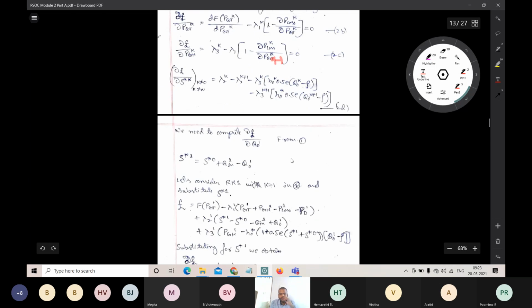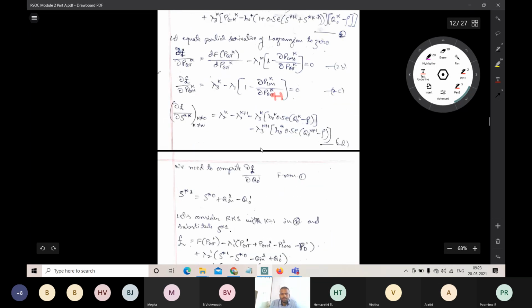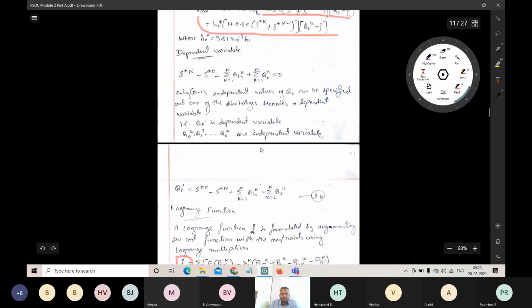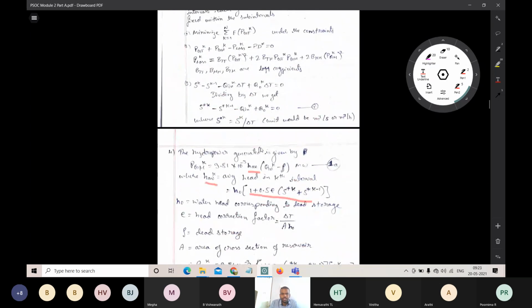For that, we compute dou Lagrangian by dou Q naught k, from the third equation. Here I am partially differentiating this equation using Q naught k.